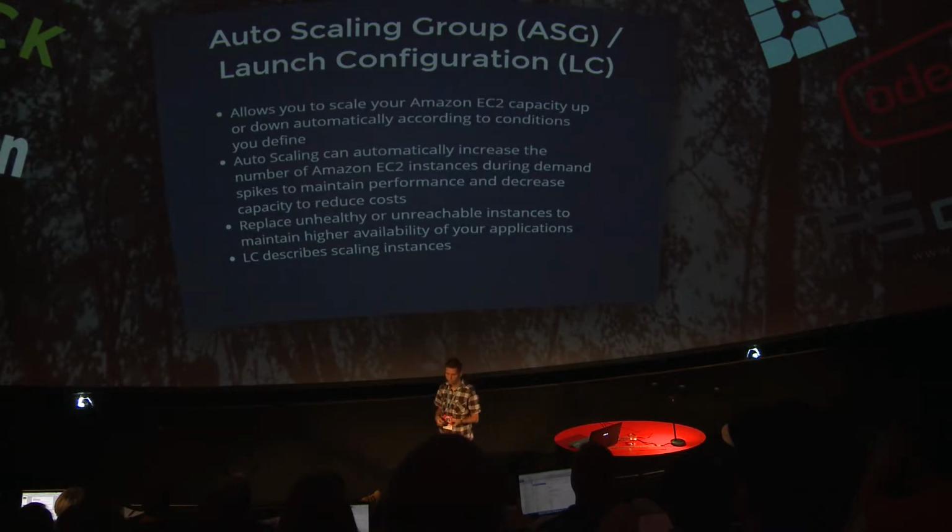One nice feature is also health monitoring of your instances, so an unhealthy instance will not receive traffic and will be replaced also. Launch configuration just describes what will be launched.